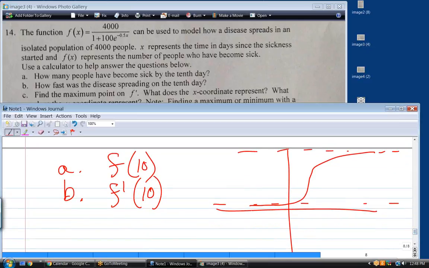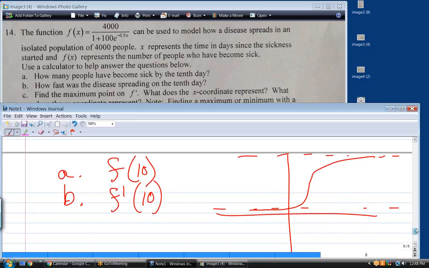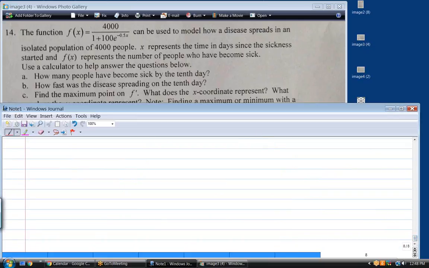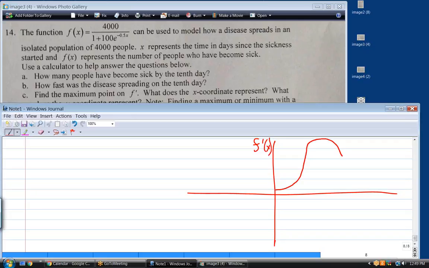F prime starts with a low positive slope, goes to a high positive slope, goes back to a low positive slope. So if I wanted to graph f prime, it starts out at a low slope, goes to a high slope, and then goes back to a low slope.